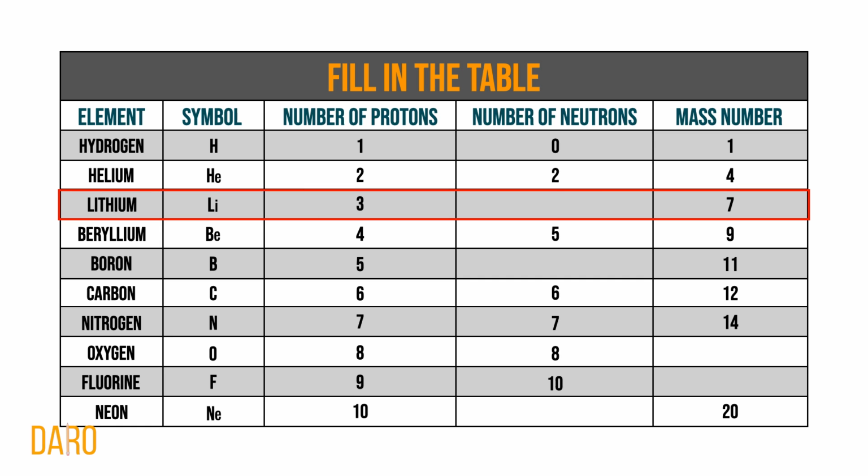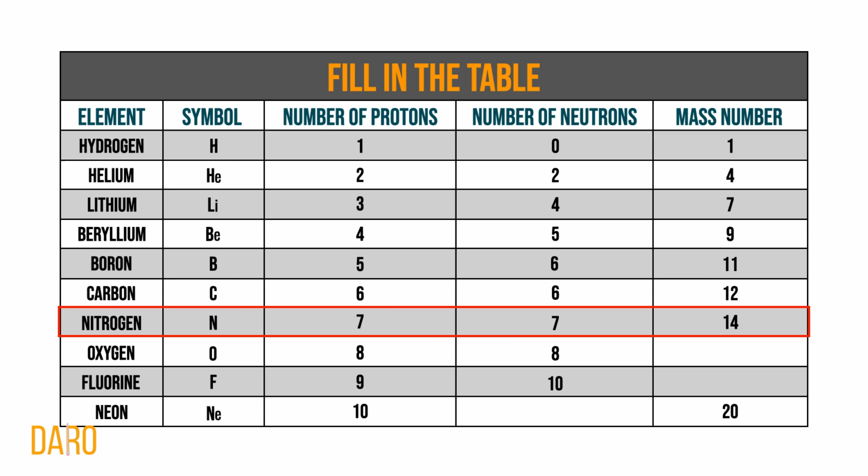Number of neutrons for lithium is 7 minus 3, which is equal to 4. Number of neutrons for boron is 11 minus 5, which equals 6. Number of protons for carbon is 12 minus 6, which equals 6.